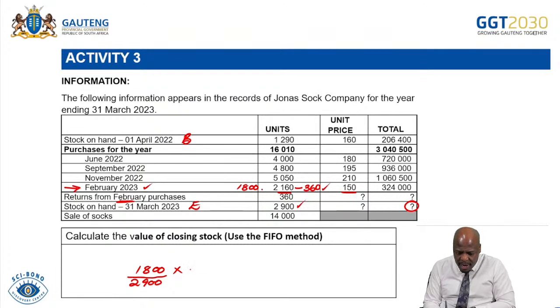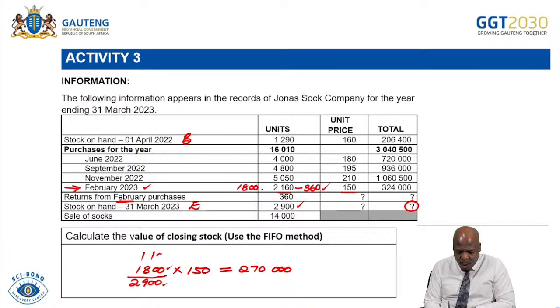Their unit price is 150. So it will be 1,800 times 150. How much do you then get? Say it again. You get 270,000. 270,000. Then we now say 2,900 minus 1,800. What is the difference?